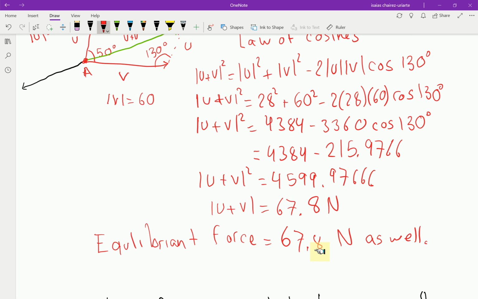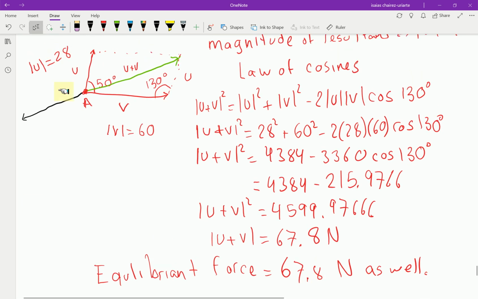I hope that you agree that the force is the same. What's different is the direction. This guy would be negative, this guy would be positive, but their magnitudes, their lengths, are the same.